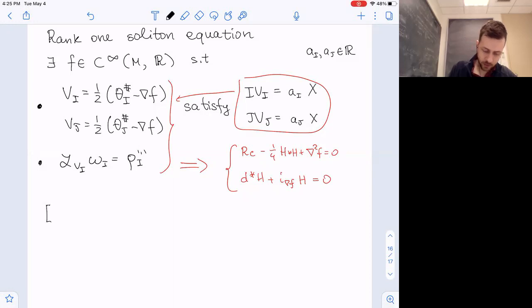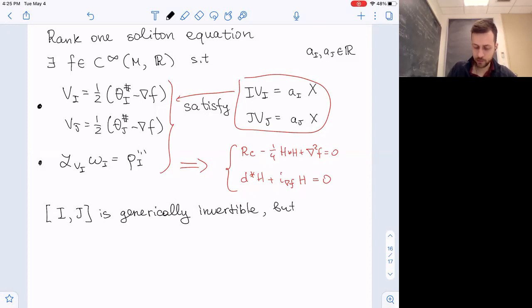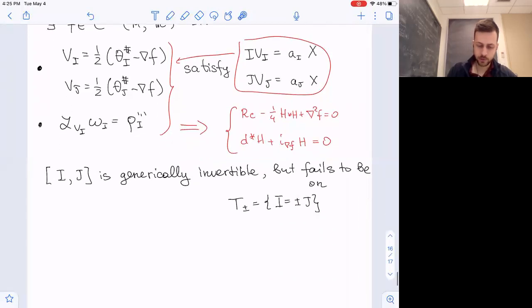So now I and J is generically invertible, but fails to be on this special degeneracy locus, which we will denote T. This is where I equals plus or minus J. So this locus is present, and we know it from the examples.